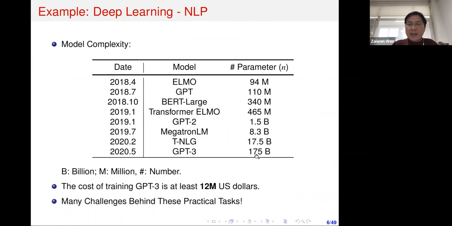It has 175 billion variables. So the training cost can be very expensive. Training this GPT-3 can cost at least $12 million US. I think this is not possible at most places. Only large companies such as OpenAI or Google can afford to train big neural networks.